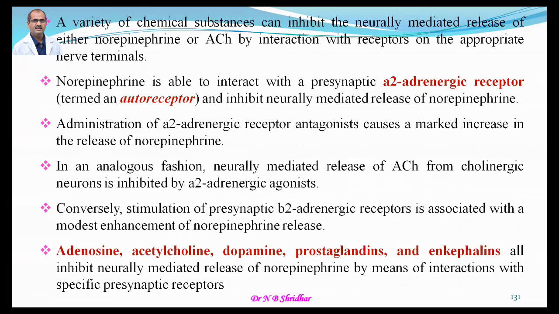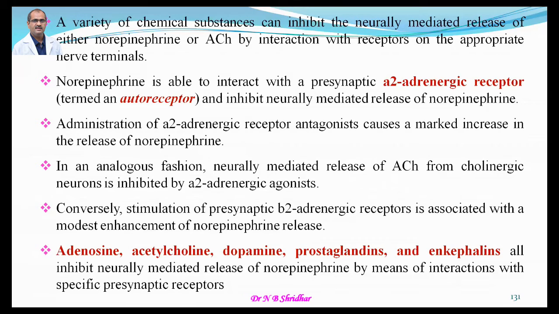Conversely, stimulation of presynaptic beta-2 receptors, some of the beta-2 type receptors are also presynaptic, is associated with a modest enhancement of norepinephrine release. Whereas adenosine, acetylcholine, dopamine, prostaglandin, and enkephalins all inhibit neurally mediated release of norepinephrine by means of interaction with specific presynaptic receptors.